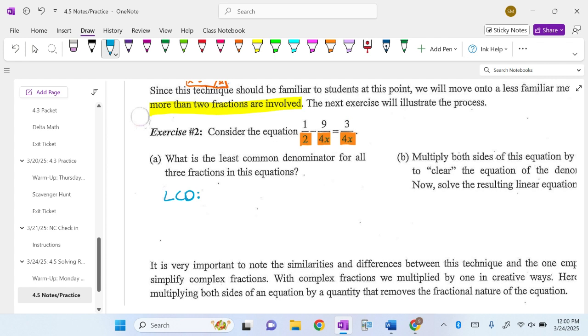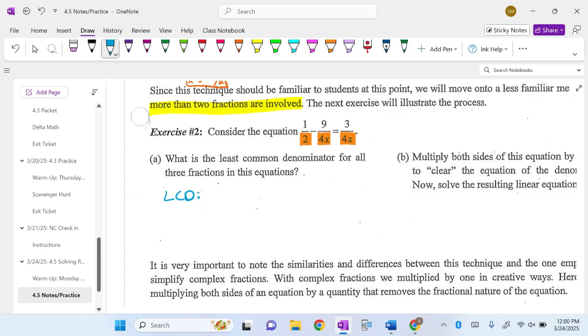So let's think about this. 4x and 2, they can both be divisible by what number? 2. All right, so they can be divisible by 2. However, can 2 be divisible by 4x? No. Could I multiply something to 2 to give me 4x? Yes. So, in other words, if you can manipulate the fraction to make it so that the denominator is that number, then that works.